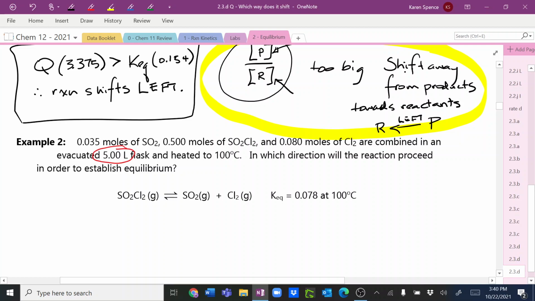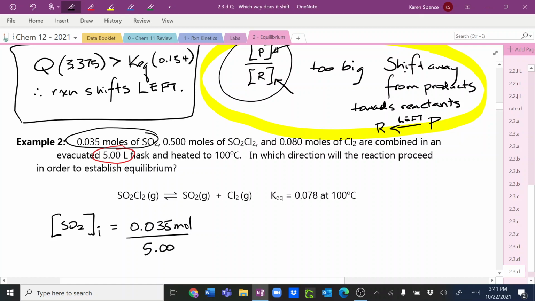So before I do anything else, I'm going to calculate the concentration of SO2, and I'm going to write down that I'm finding the initial concentration, and that is 0.035 moles, which we're getting from here, divided by 5.00 liters, and that is 0.035 divided by 5 is 7.0 times 10 to the negative 3.